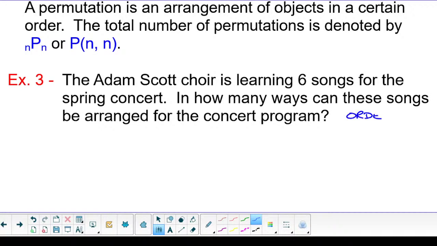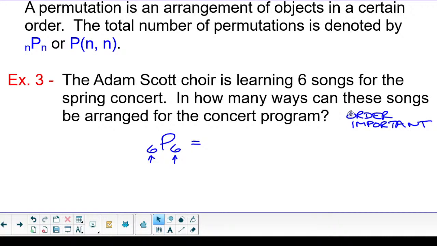Order is important. And there's 6 of them. So we're going to do 6P6. We're going to take 6 songs and we're going to order 6 of them. I know that seems weird for now, but we're not always going to be ordering all 6.